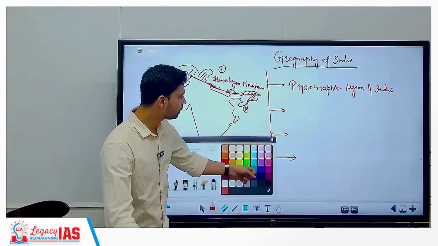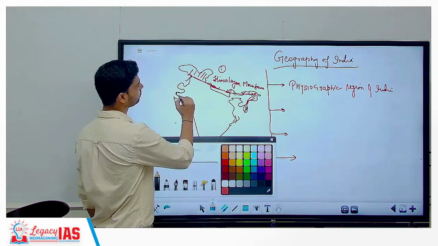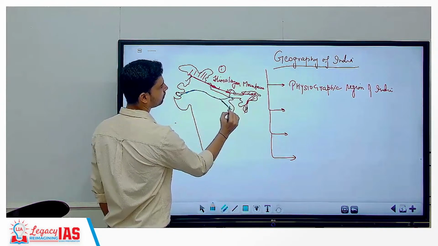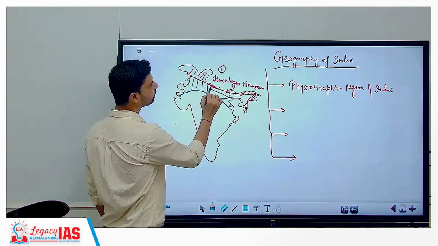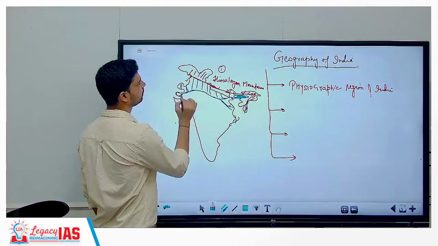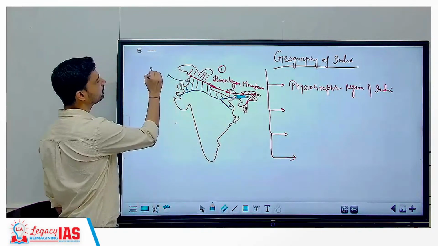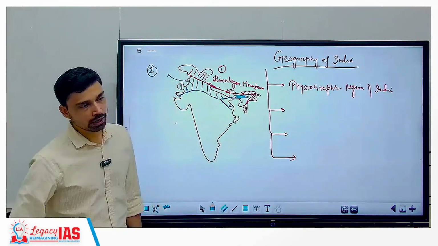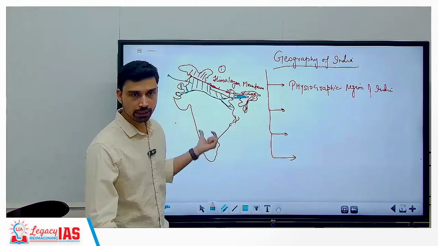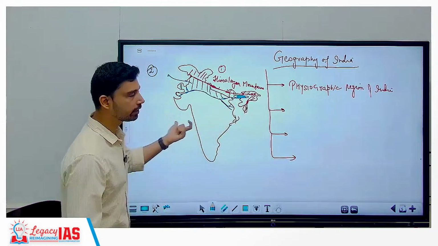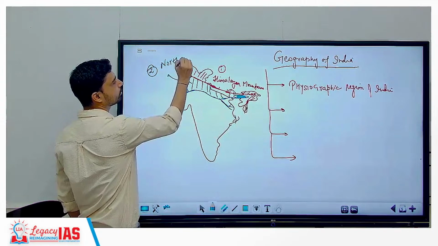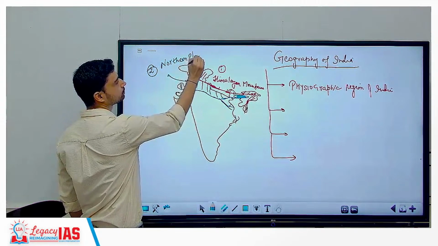As you come out from the Himalayan mountains, what kind of region do you have here? Northern plains, right? You have the alluvial plain, the largest alluvial plain in the world, covering almost 25% of the entire area of India. That is your northern plain. So that is the second physiographical region we will study, northern plains.